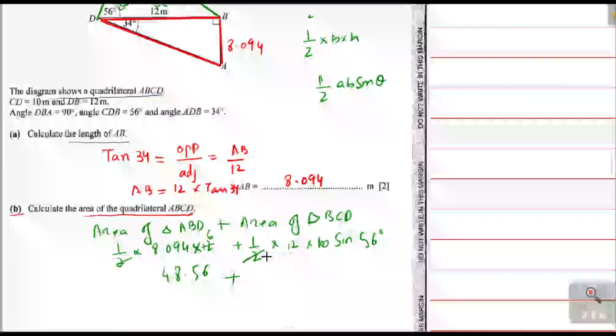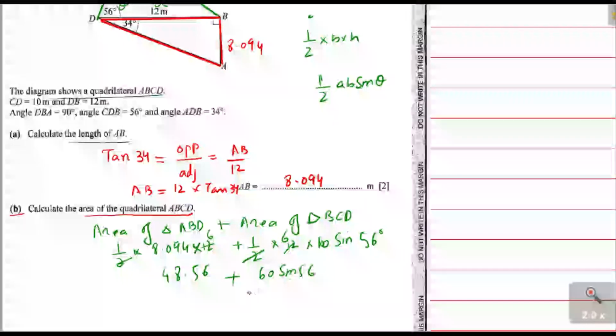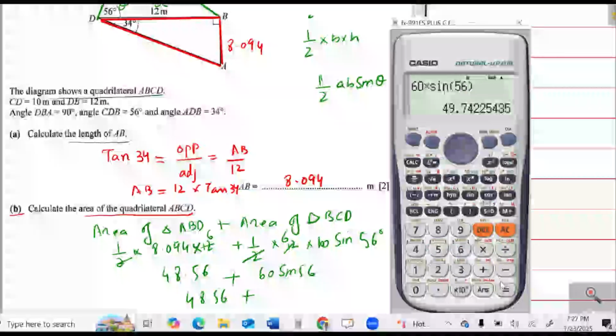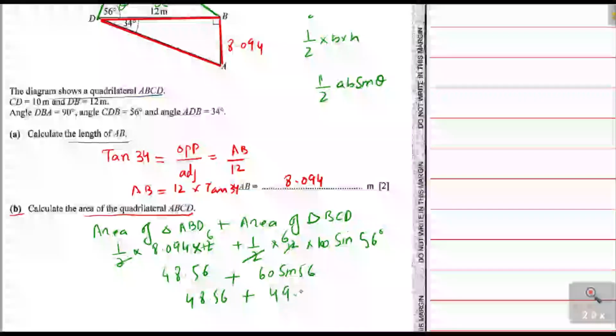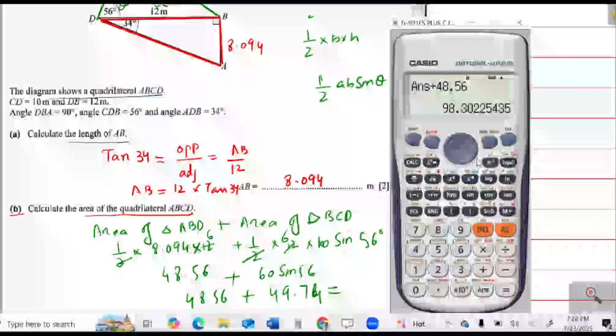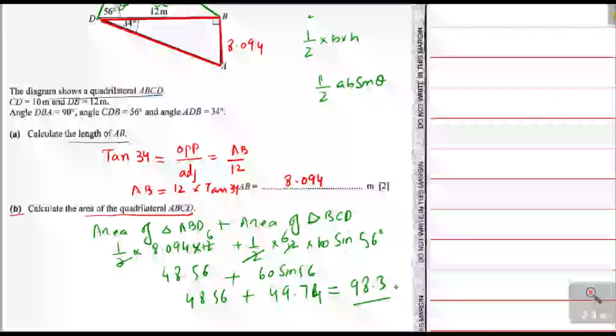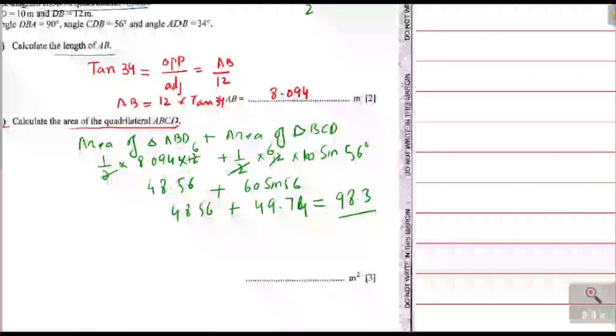That's equal to 2 times 12 is 6. 6 times 10 is 60. 60 sine 56. And this value will be equal to 60 multiply sine 56. This is 49.76. This will be equal to 98.3. And we write 98.3 is the area of this quadrilateral. And we write the answer 98.3 meter square.